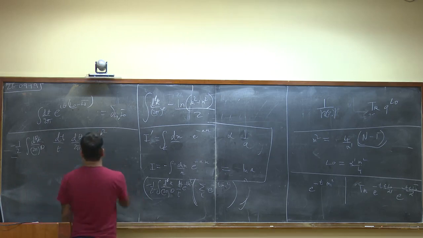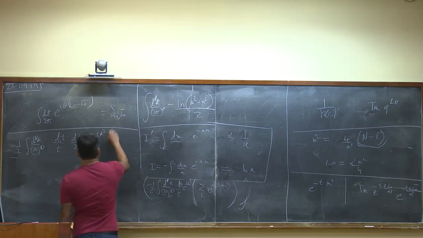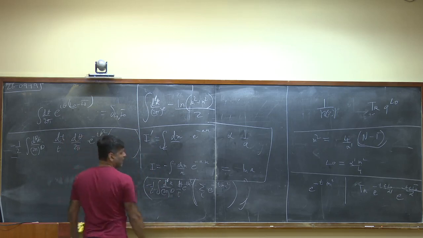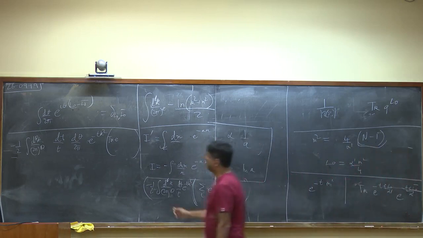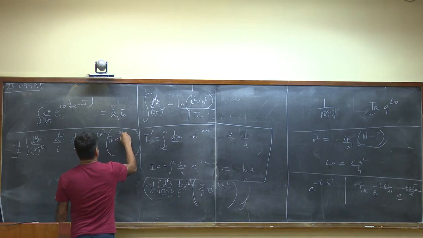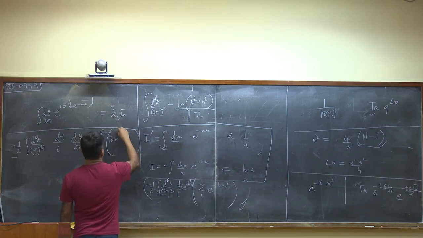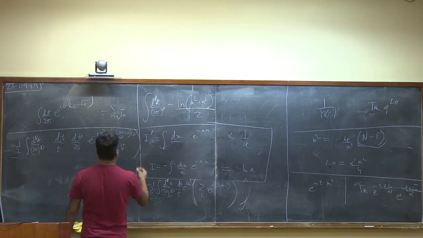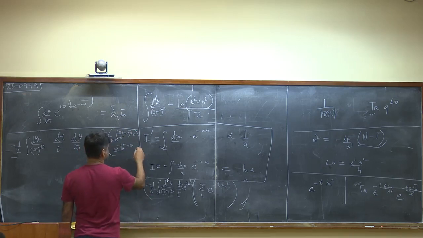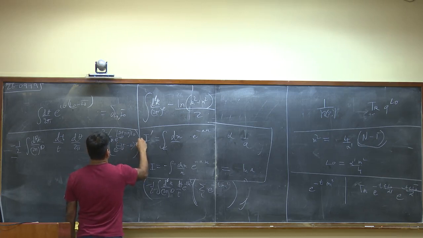And then this business, which was the trace of e to the power minus 2t by alpha prime plus i theta into L0, e to the power minus 2t by alpha prime minus i theta into L0 bar.